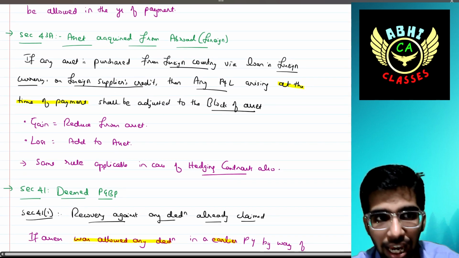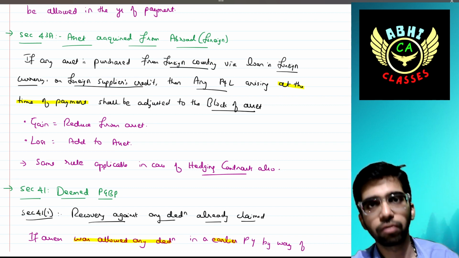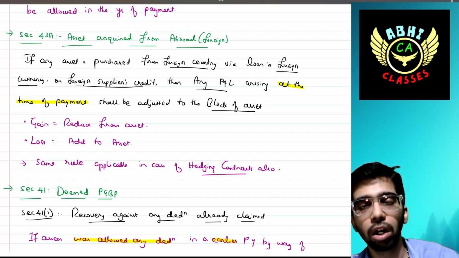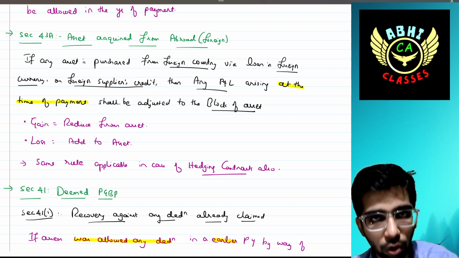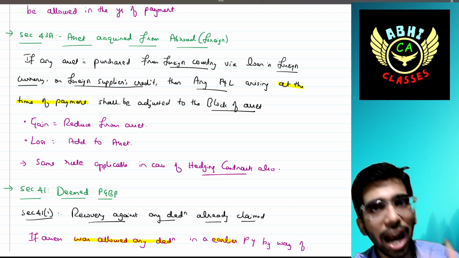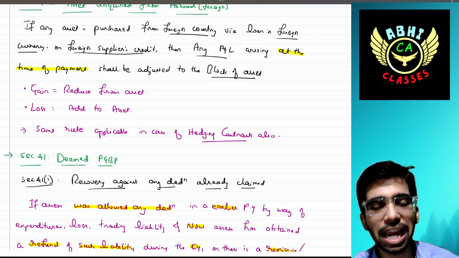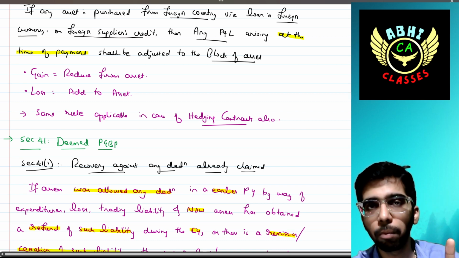If there is a gain, then it is to be reduced from the cost of the asset. Loss means you have to pay more, gain means you have to pay less. So a gain will be reduced from your cost of asset, and a loss you have to add to your cost of asset. The same rule is applicable in the case of hedging contracts also, which will not be so important for your examination.